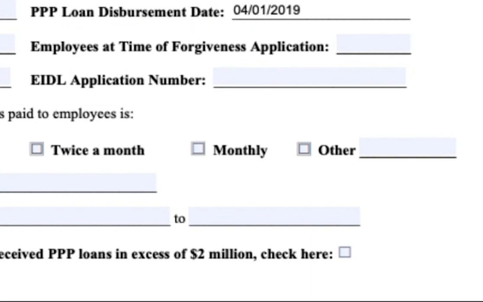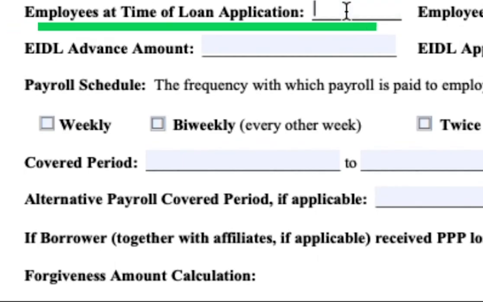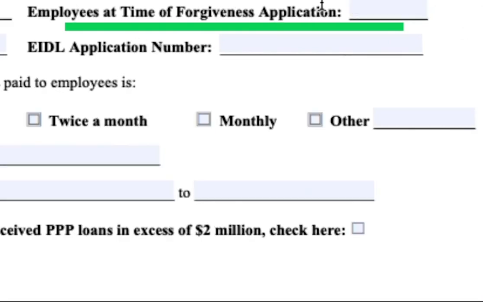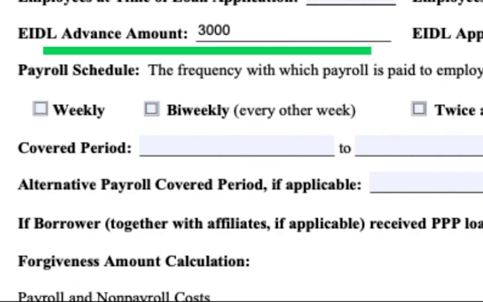Okay? At the time of her loan disbursement or loan application, she had 3 employees. And at the time of the forgiveness application, this is the date we're filling out the application. So today, how many employees do you have?